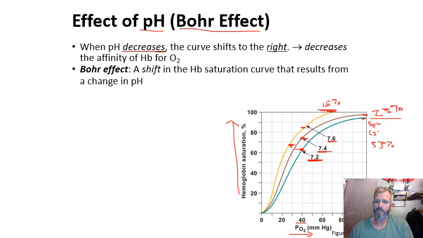And what happens to our blood pH when we exercise? We create more acids, we create more CO2, our blood becomes more acidic, and therefore our hemoglobin is more willing to unload oxygen. So pH is one factor that's going to affect the affinity or the saturation. It's going to affect the curve, give us a right shift or left shift, depending on what's happening to our pH.